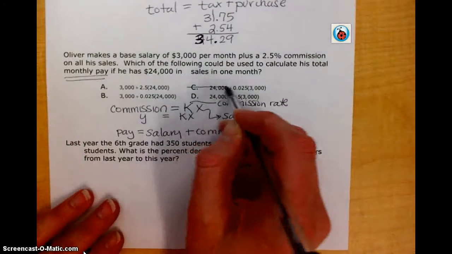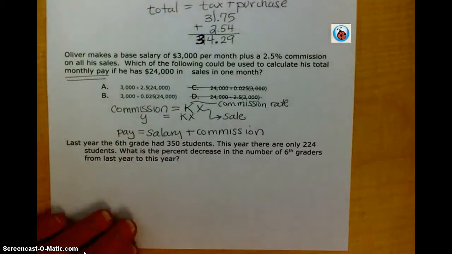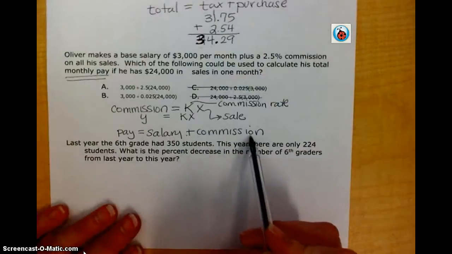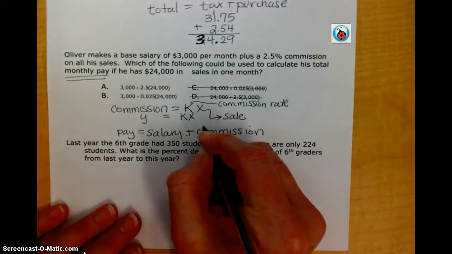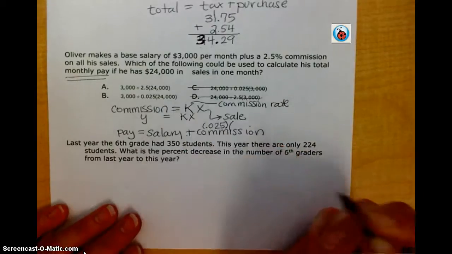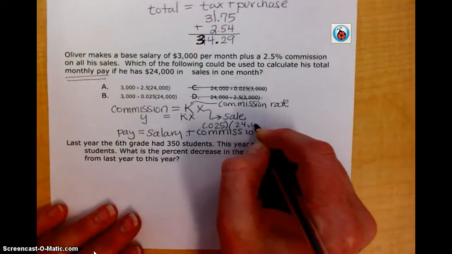So we want to eliminate answer choice C and answer choice D because $24,000 is not his salary. Then we're going to add the amount of commission. Commission is found by taking the percent, which is 0.025, and multiplying it by his sales, which is $24,000.